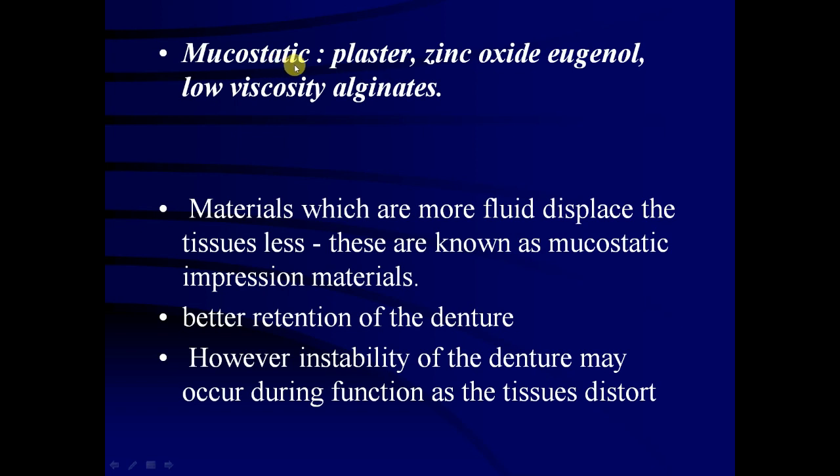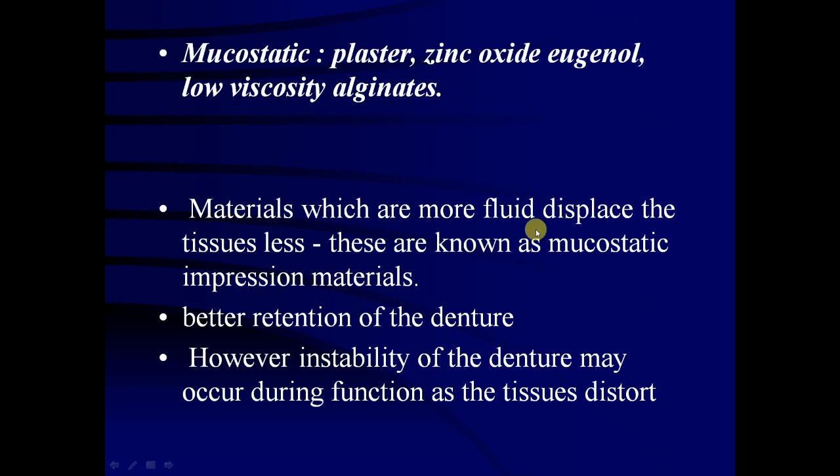Coming on to the mucostatic impression materials, it includes plaster, zinc oxide eugenol, and low viscosity alginates. Low viscosity alginates are used as mucostatic and high viscosity alginate is used in mucodisplacive.